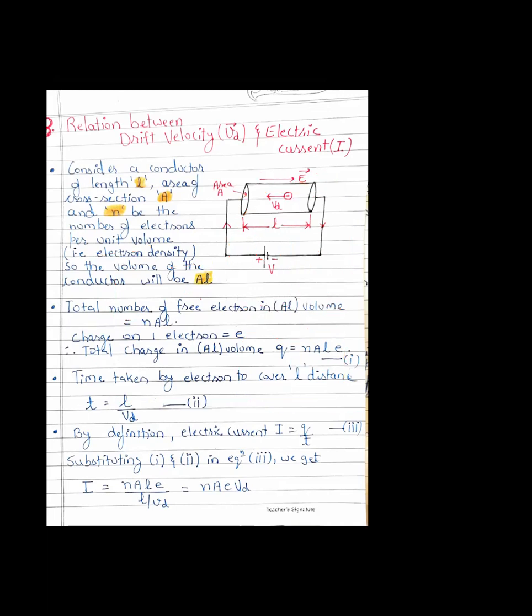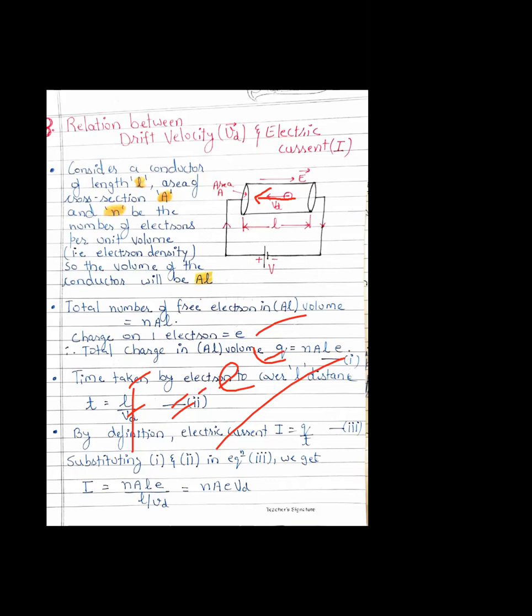Here you can see this is a conductor, connected to a battery of V volt. This V volt battery is going to produce an electric field from positive to negative. Because of this electric field, the free electrons present inside the conductor will experience a force F equals minus eE, and because of this force they are going to drift towards the positive side.